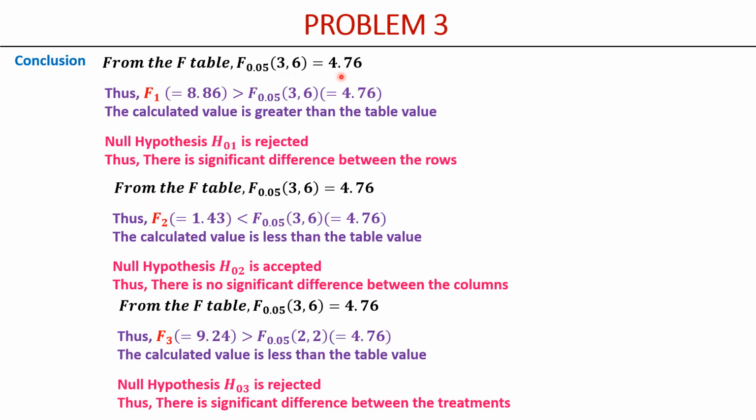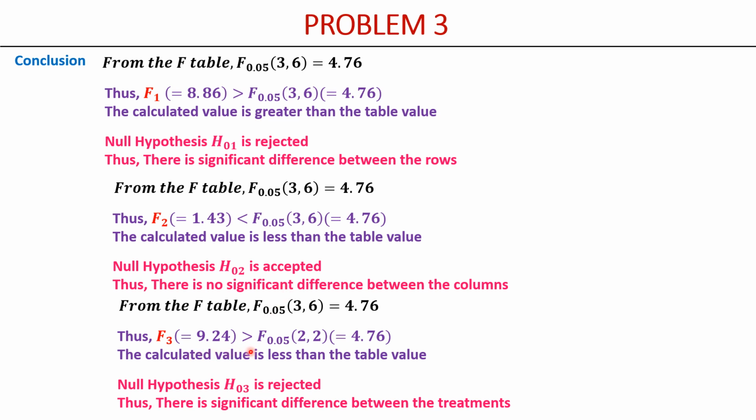The table value is 4.76, which was the same even for the previous problem. We find that the F1 value is greater than the table value, so we accept the alternate hypothesis H11. So there is a significant difference between the rows, whereas the F2 value is less, so I'm accepting the null hypothesis.